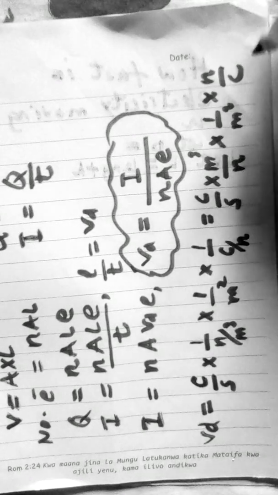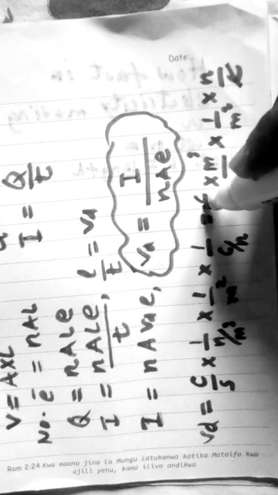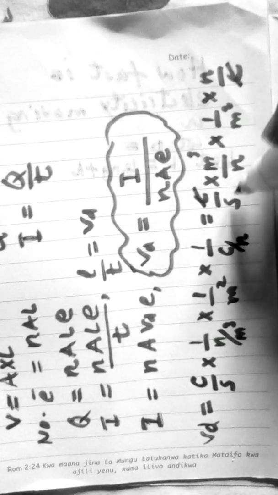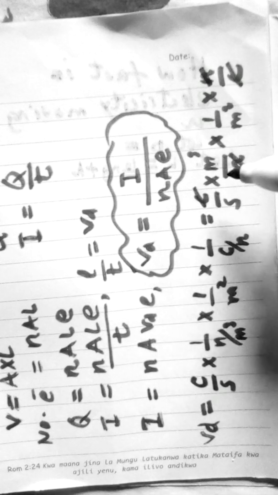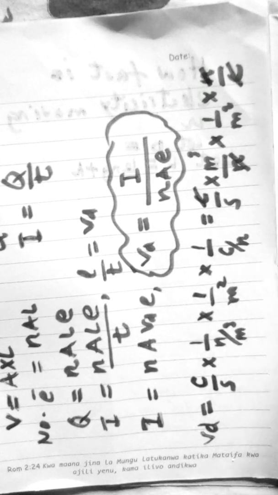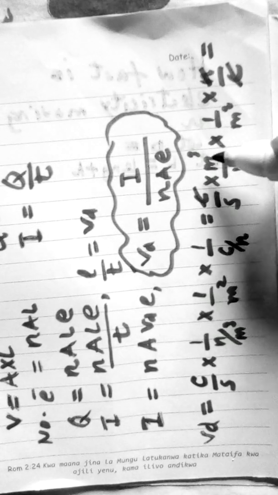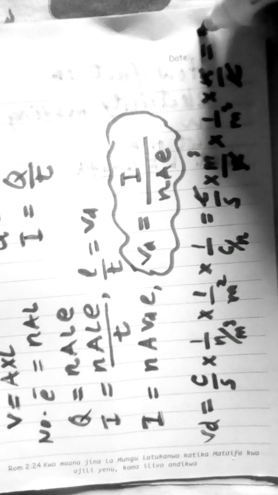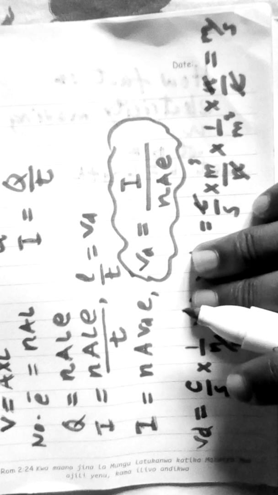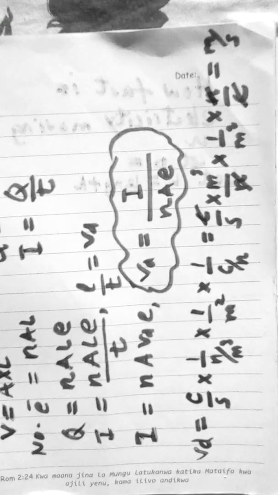You can see that coulomb and n cancel out. So cubic meter over square meter gives meter. We're basically going to remain with meters on top and seconds at the bottom. So this is meters per second. So now you can see that this formula is correct because it gives the exact units.